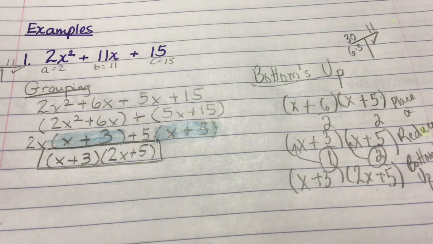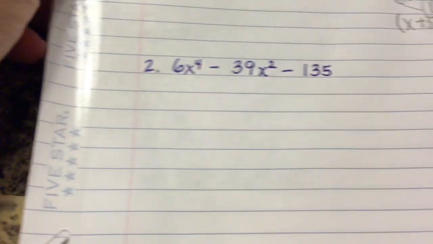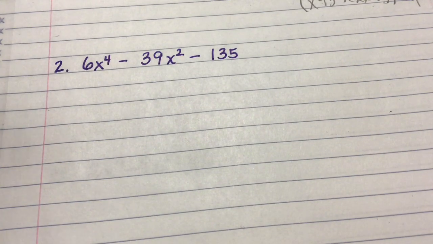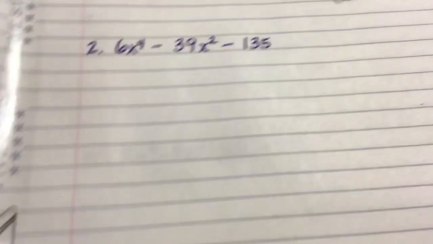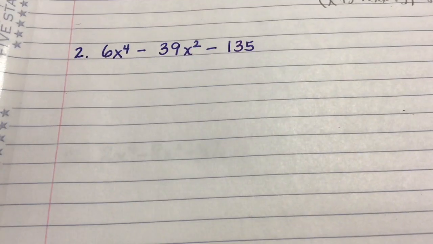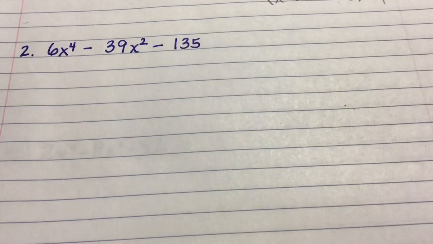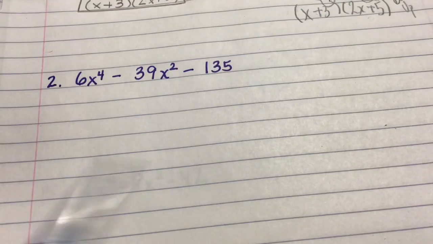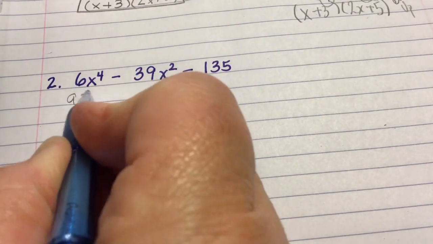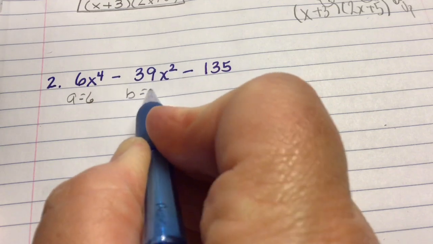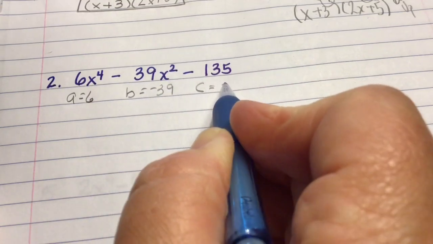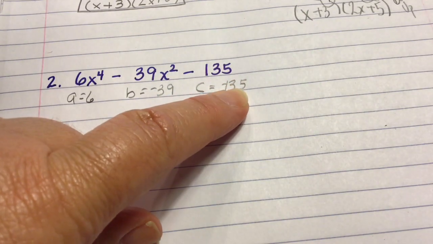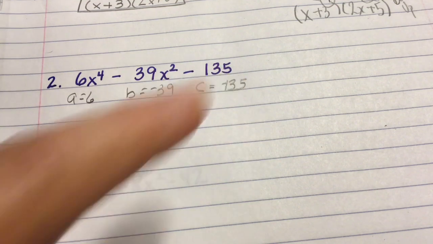So here we go on to example number 2. It looks different though. You've got 6x to the 4th minus 39x squared minus 135. Okay, so even though it's not in quadratic form, I can still call this A and B and C. And notice B is negative 39 and C is negative 135.